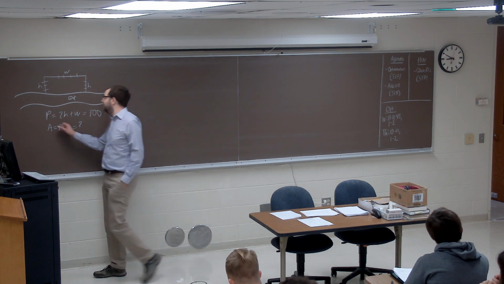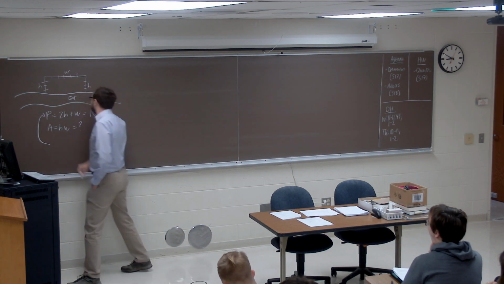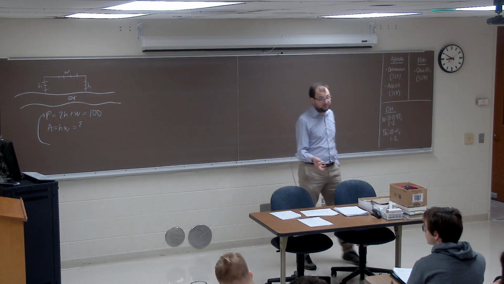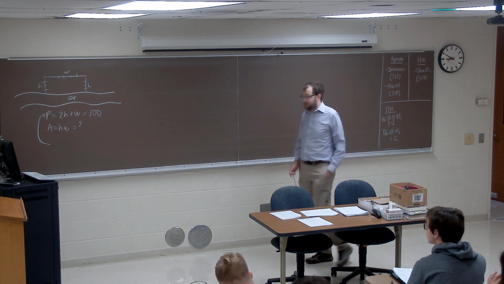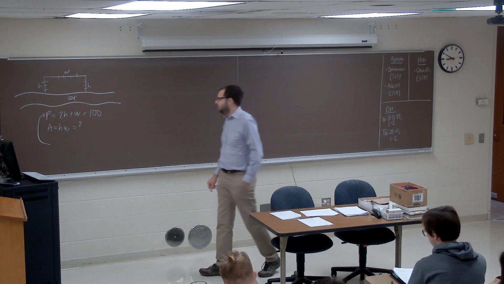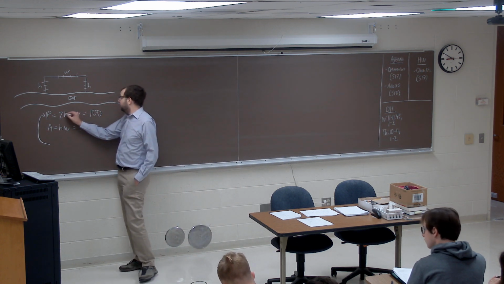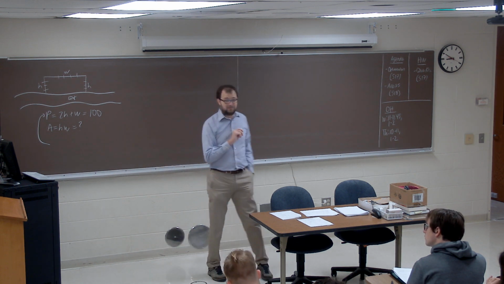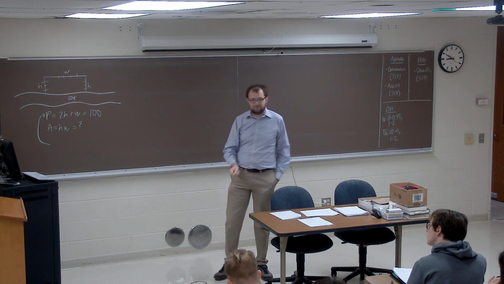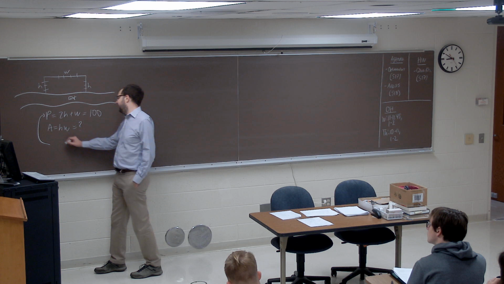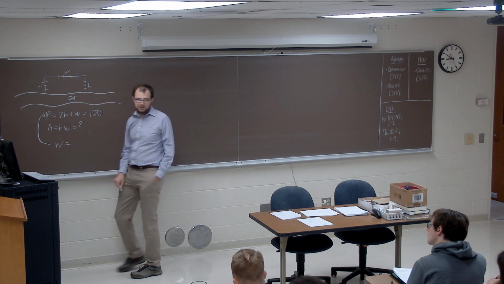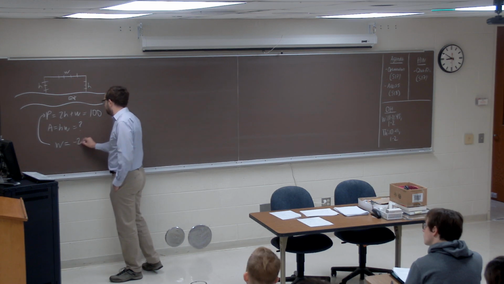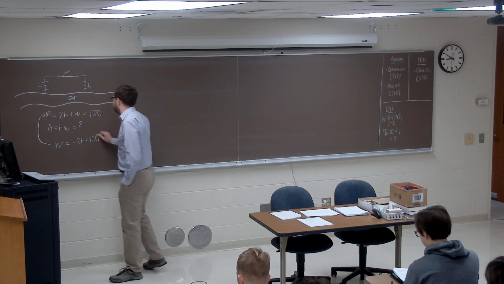We could take our perimeter equation, which gives us a way to write W or H in terms of the other variable. So Jonah, do you propose we write W in terms of H or H in terms of W? W in terms of H. Okay, get W by itself. If 2H plus W is 100, what's W going to be equal to then? Negative 2H plus 100. Yeah, it's going to be negative 2H plus 100.